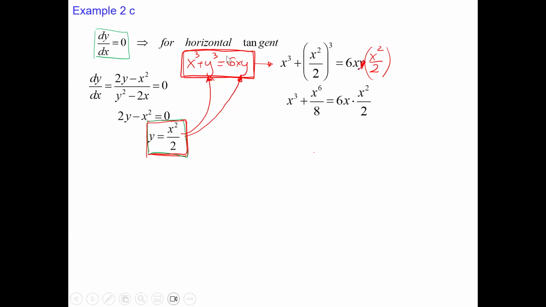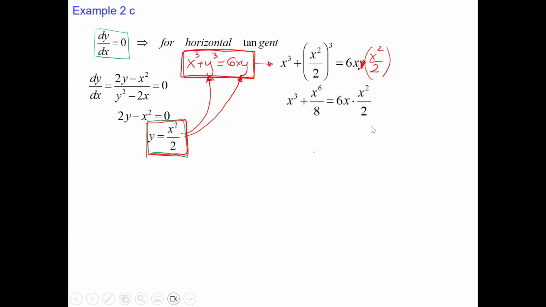Please remember, with this implicit situation, always use the original equation, whatever equation we have in the question that relates x and y together. Okay, let's see. This one will be x squared cubed, which is x to the power of 6. 2 cubed is 8.